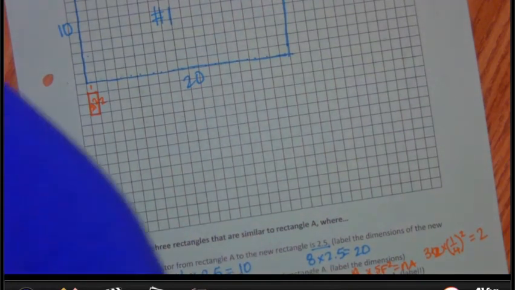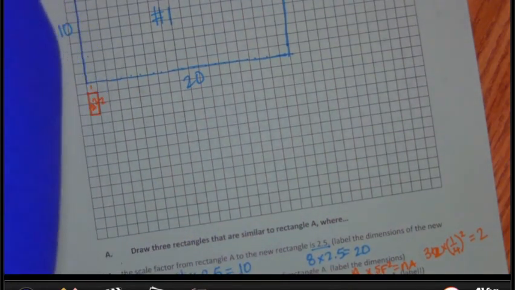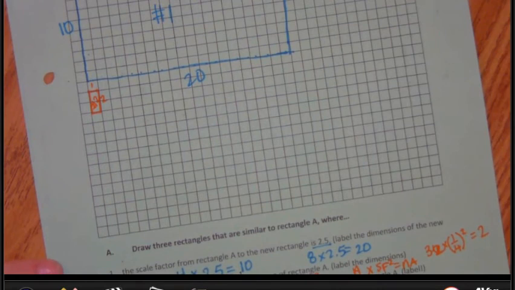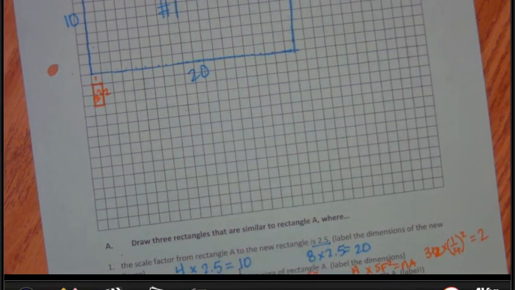That pen is dead. There we go. So I need to find my original perimeter. 4 plus 4 plus 8 plus 8 is equal to 24.